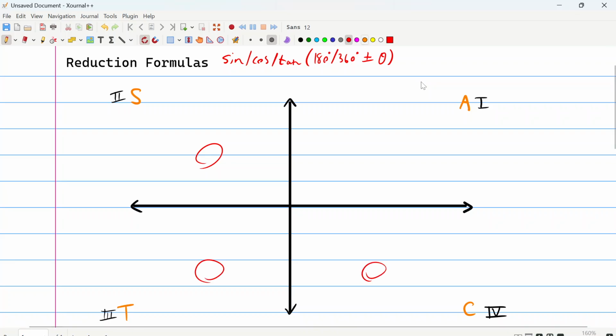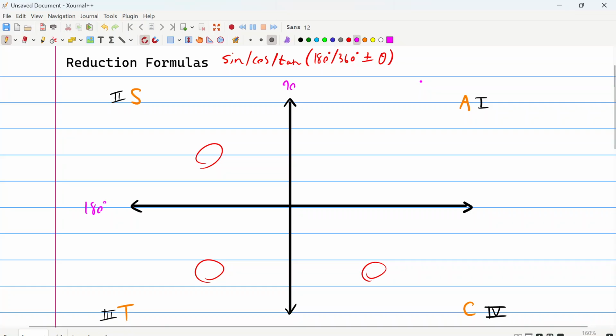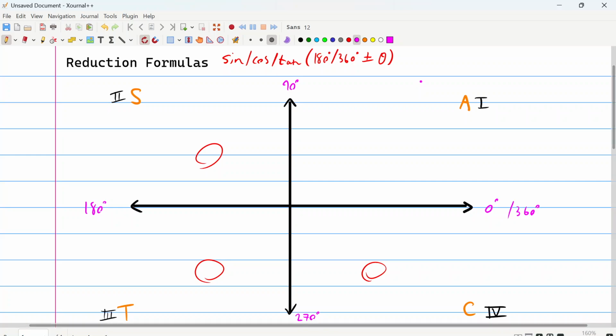Why? Because we can see that the change over here is 180 degrees is here, 90 degrees is here, 0 degrees is here, 270 degrees is here, and this can also be 360 degrees. So notice that we're mainly focusing on 180 degrees and 360 degrees. And that is where we introduce the 180 plus or minus theta.